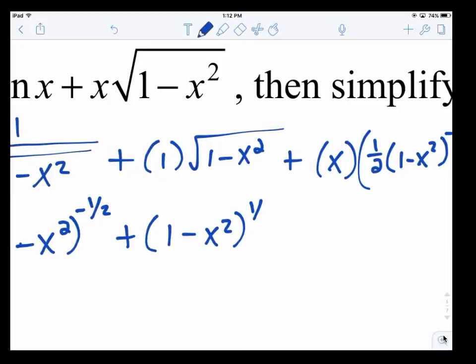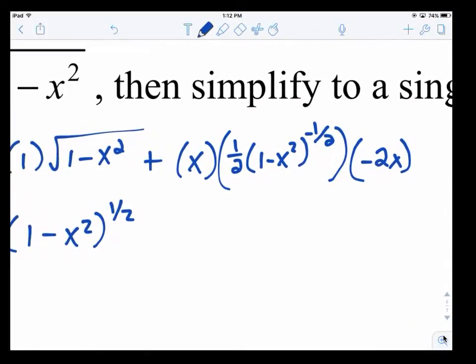Okay, good. And then the last one, what do I have? I have x times 1/2 times negative 2x. So what would that give you? So negative x squared times 1 minus x squared to the negative 1/2, right?